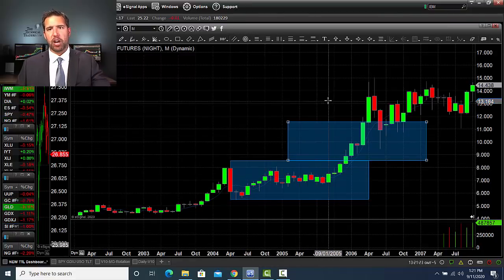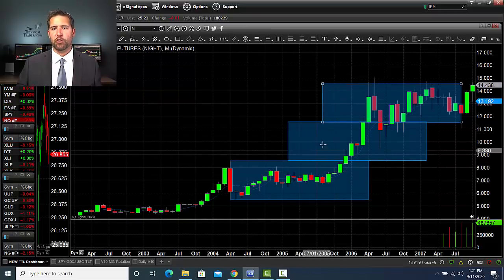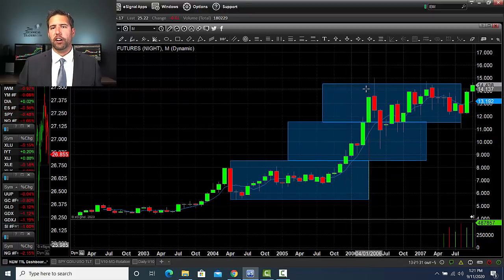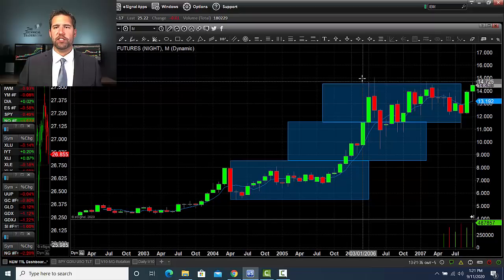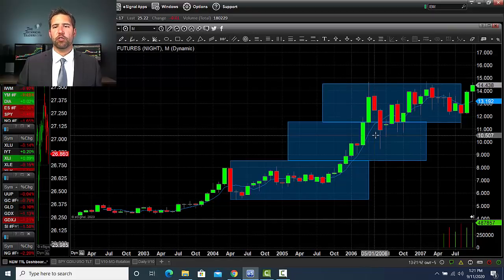So if we were to take this box and throw another one on here, here's a 300% move. So you've got 100, well, it's a 200% in total. 100, 200% move. And then the market started to put in these big tweezer candles, these upper wicks, where price rallies up, gets sold back down, rallies up, gets sold back down.